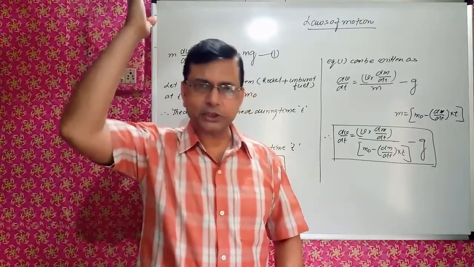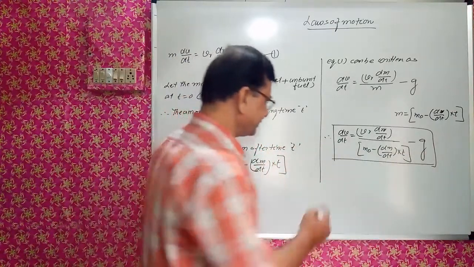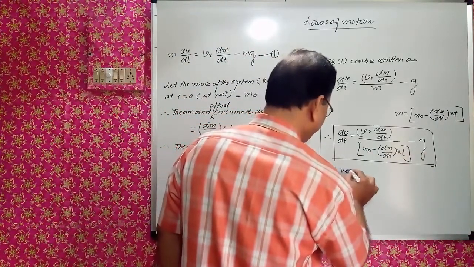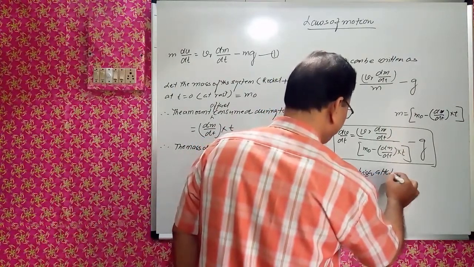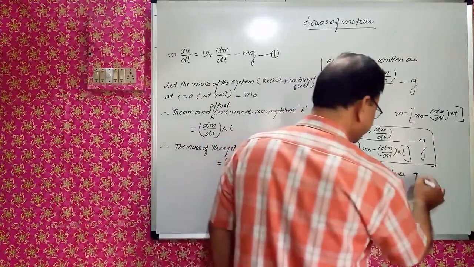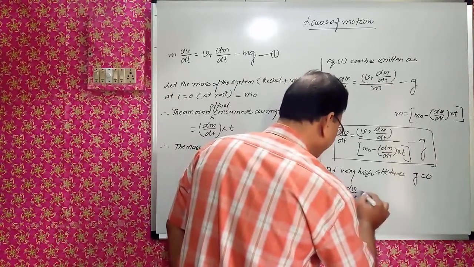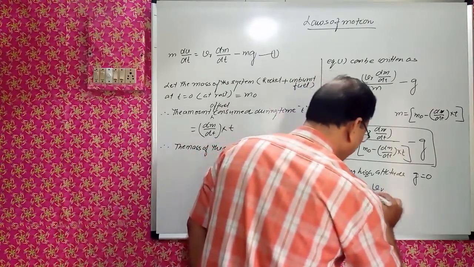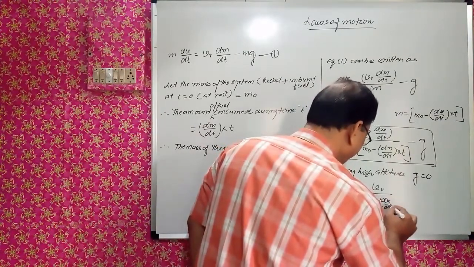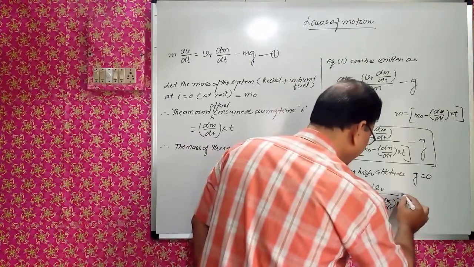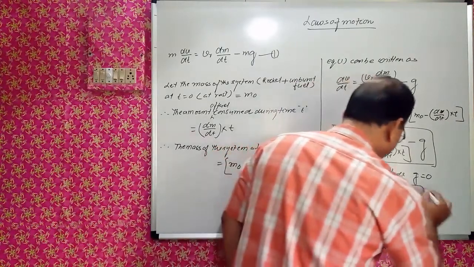Means as the rocket goes up, its acceleration will go on increasing. At very high altitude, we can consider g as 0. Therefore, dv upon dt we can write as vr upon m0 minus dm by dt into t, into dm by dt, at very high altitude.